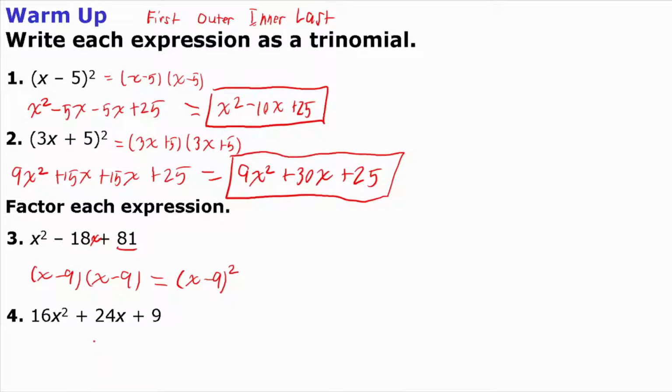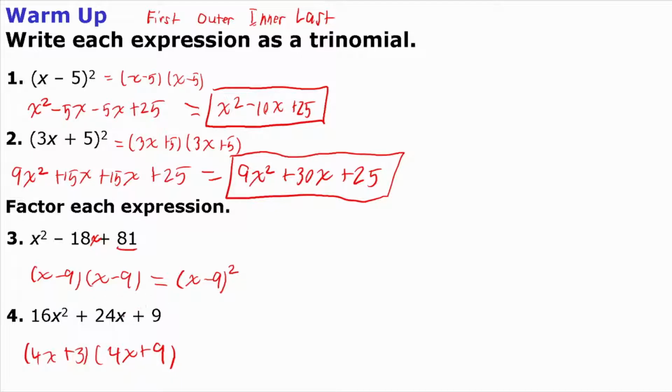Now, my next one's going to be a little bit harder because we have two numbers here. We have the 16 and the 9. But this one's actually pretty simple because it's just going to be the square, or the square root. So it's going to be 4x plus 3 and then 4x plus 3.